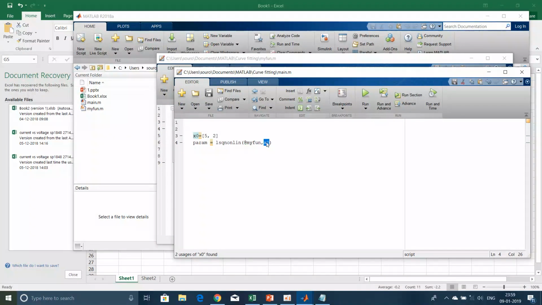And then check myfun and see if it becomes close to 0 or not.